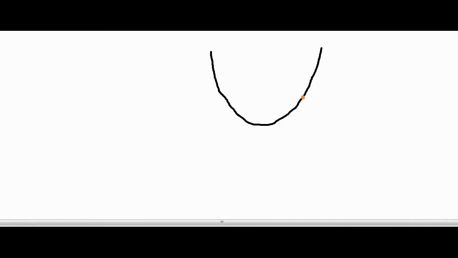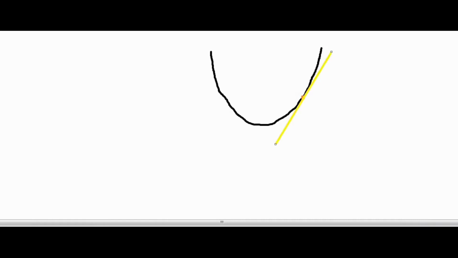For that, let's mark a point on the curve and draw a straight line through that point. You can find that the straight line touches the curve exactly at one point, isn't it? If it touches at more than one point, we call it a secant.